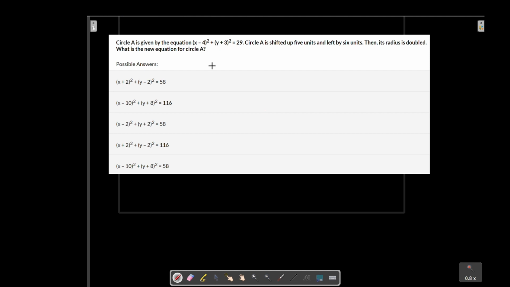Let's discuss the second question. Circle A is given by the equation x minus 4 whole square plus y plus 3 whole square equals to 29. We need to compare this equation with our original standard equation, which is x minus h whole square plus y minus k whole square equals to r square.